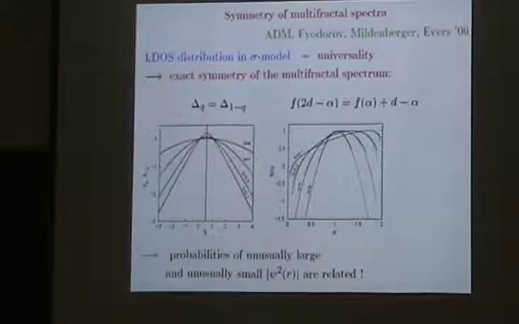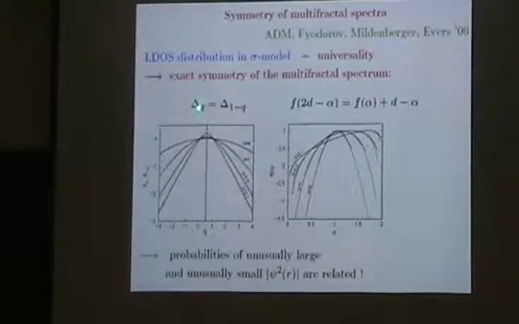So this means that, and now q is any number, it should not be integer, it should not be positive, in fact it can also be complex, but in principle it's real.